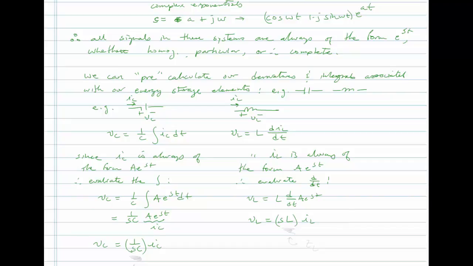I know I've already said this, but I'm saying it again to reiterate the big picture. We're not doing anything magical here. We've gotten so specific in the types of signals that we're using that we can evaluate the integral and the derivative associated with these two energy elements.